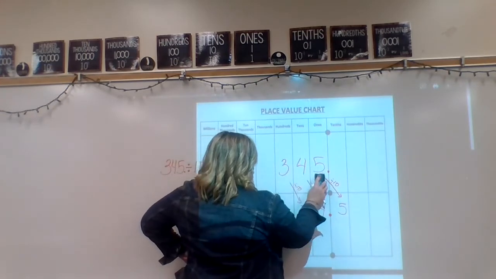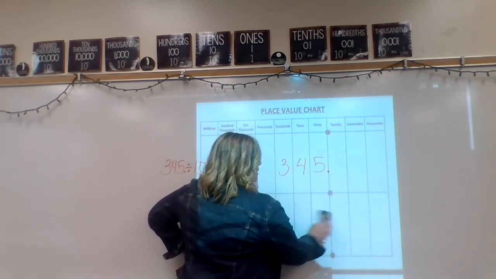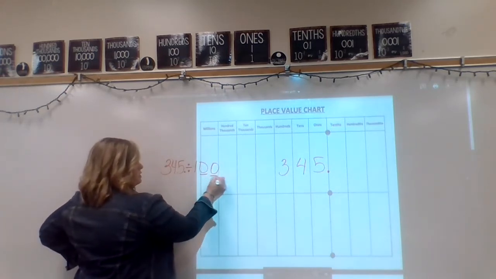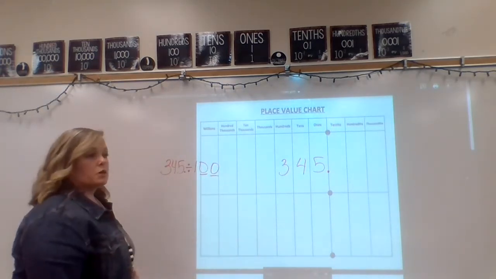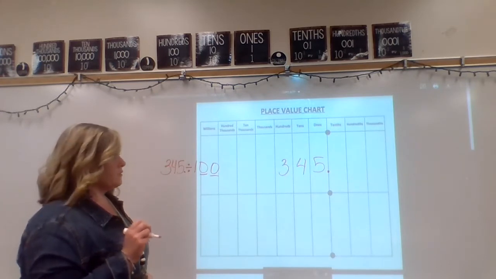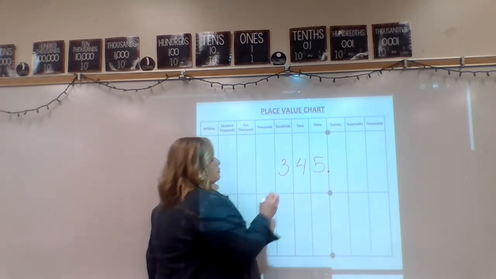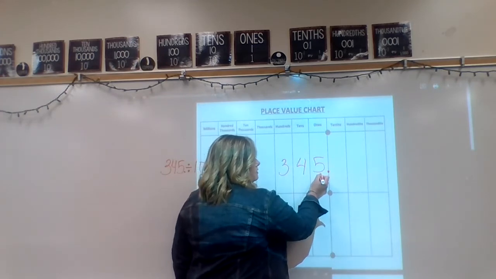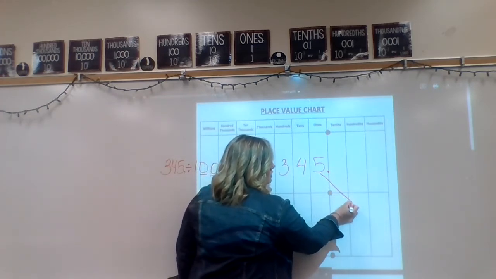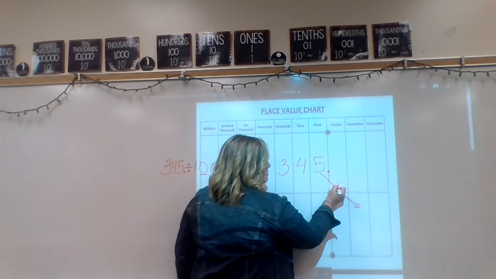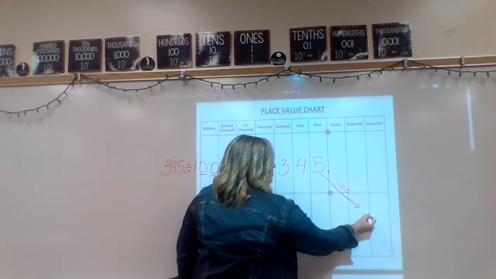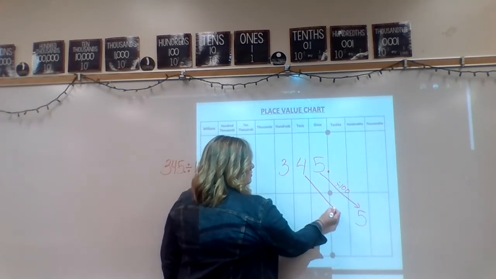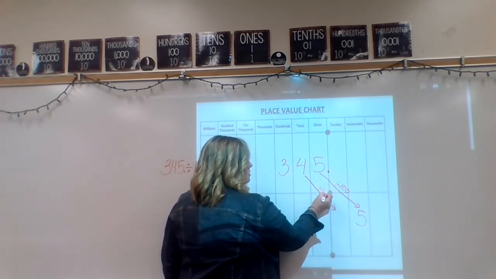Let's take our same starting number, 345, and divide it by 100 now. Notice there are 2 zeros. This tells us that we're going to move 2 places on our place value chart. So starting with the same number, my 5 ones divided by 100 is going to move 1, 2 places. The 5 ends up in the hundredths place. 4 divided by 100.